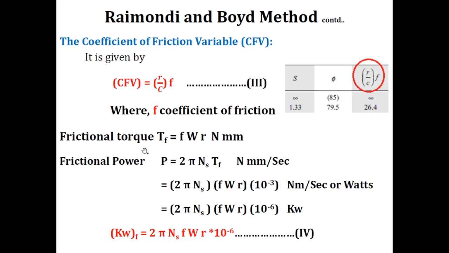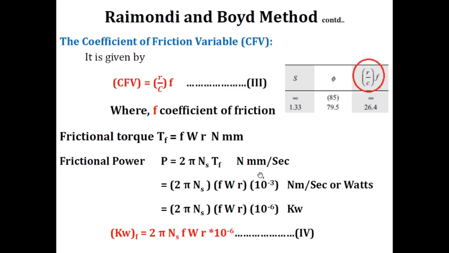So we'll calculate the frictional torque, that is nothing but the coefficient of friction into load into the distance, in Newton millimeter. From that we can calculate the frictional power as 2 pi n T, and here it is 2 pi n_s, so 60 is not there. So 2 pi n_s Tf, frictional torque in Newton millimeter per second. Substituting the value of Tf, we get 2 pi n_s into f W R, in Newton millimeter.